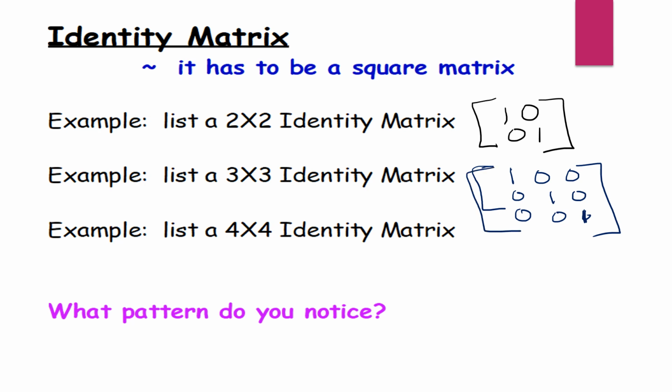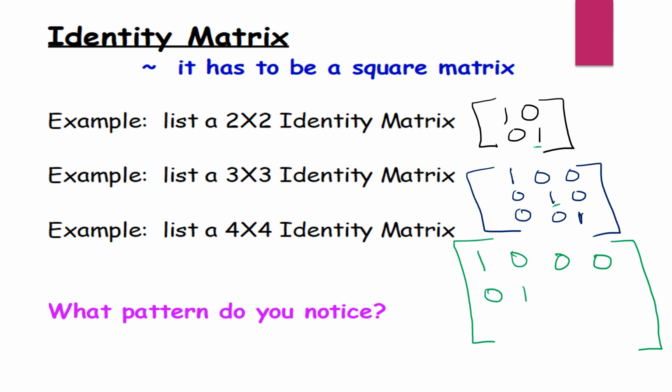Let's see if you hopefully have picked up on the pattern and can maybe do a 4 by 4 identity matrix. Okay, what do you think it should start with? Each of my others in row 1, column 1 have started with 1 and filled in the remaining elements with a 0. In row 2, column 2, each of those elements are a 1 and the other surrounding elements are zeros.